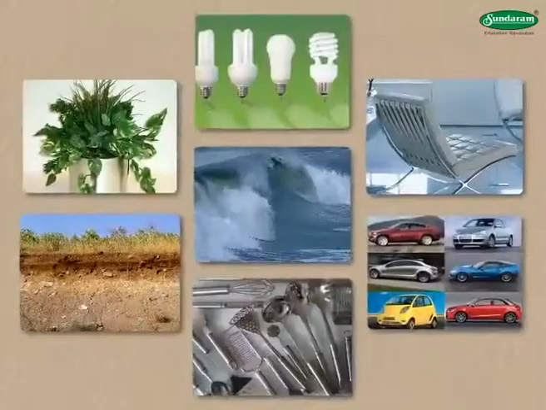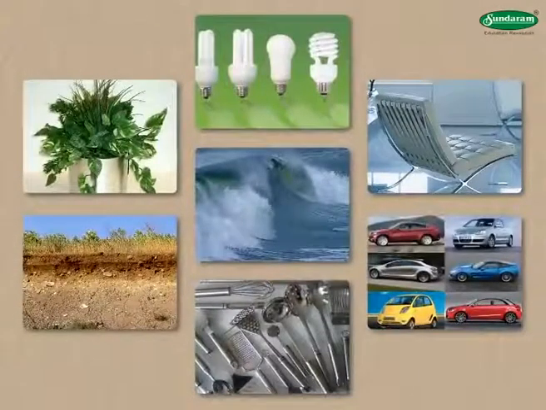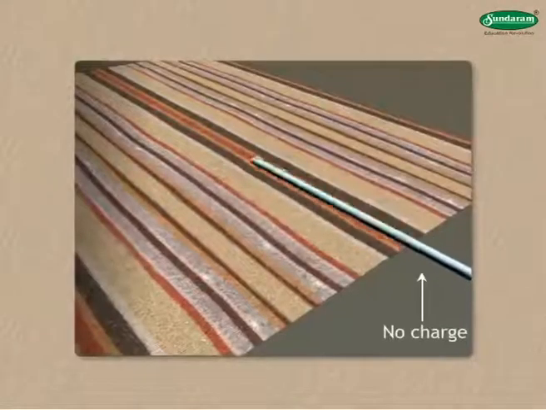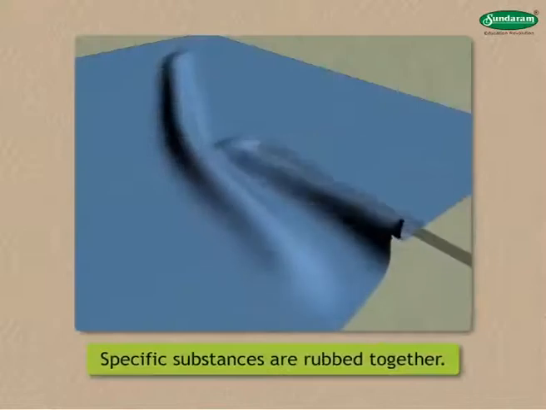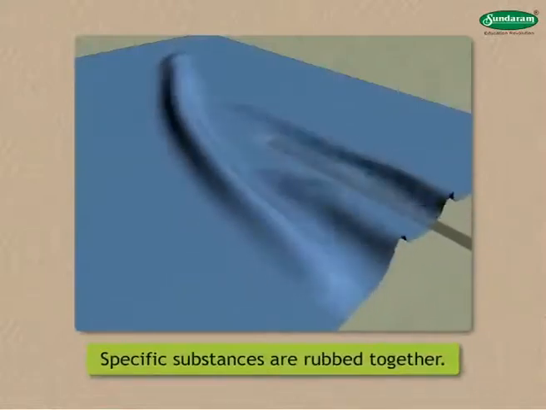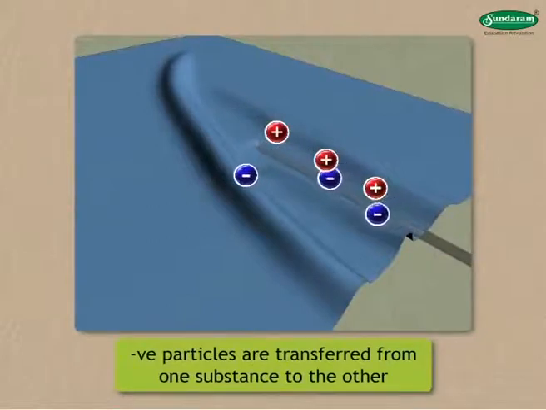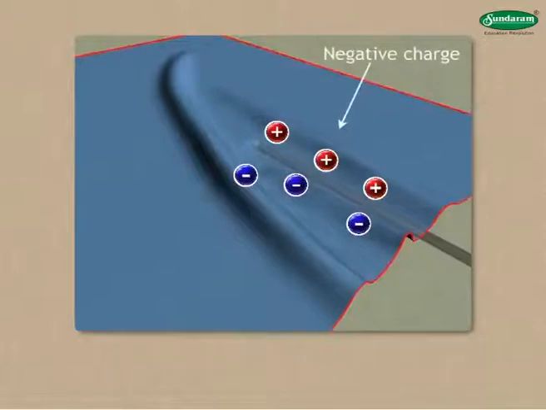Every substance is different because of the structure and number of atoms. Even so, ordinarily, it has no electric charge. Electric charge is created only when specific substances are rubbed together. On rubbing, some negative particles are transferred from one substance to the other and the latter develops a negative charge.